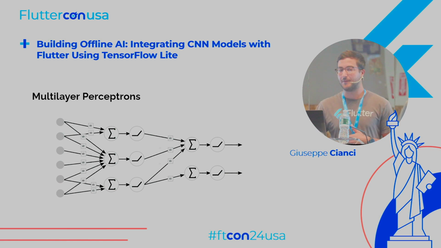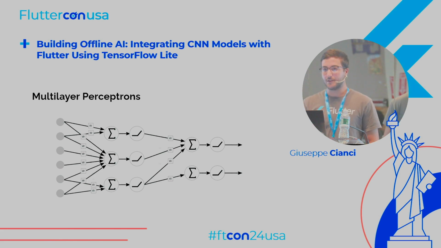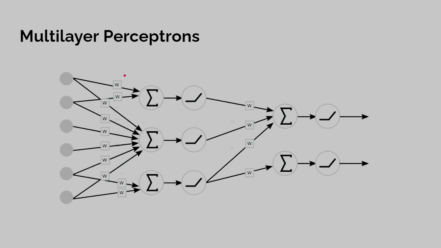So let's start with a very simple model for machine learning in supervised learning. So this is a multi-layer perceptron, and they're feed-forward neural networks. So you have the data, it goes in here. So for example, if you're trying to predict the price of houses, this could be like, what's the zip code, how many bedrooms does it have? So this is all the input data.